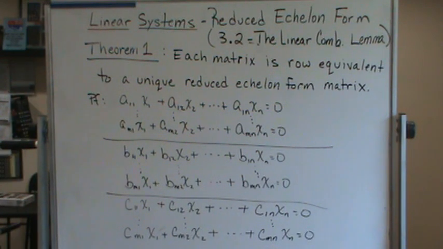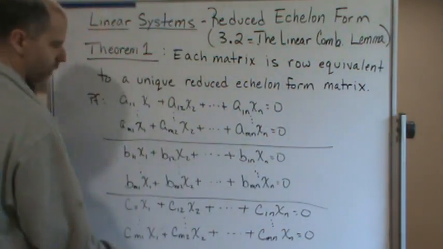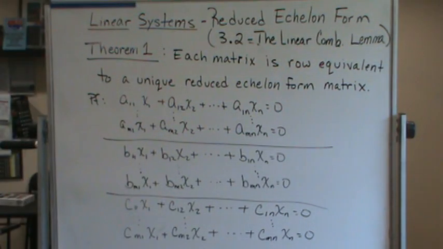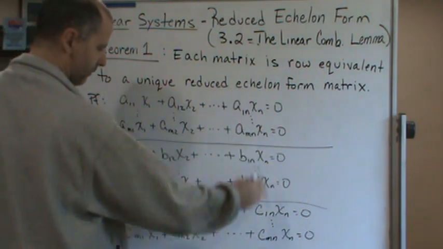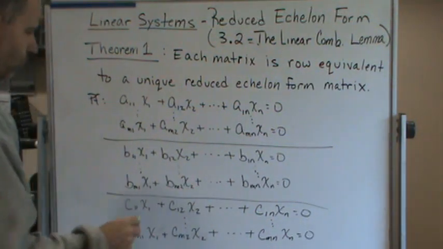Okay, so now, if we subtract row I of this system from row I in this system, what are we going to get? Well, if they're all the same everywhere else except in that final column, well, everything else is going to drop out. And what are we going to get?